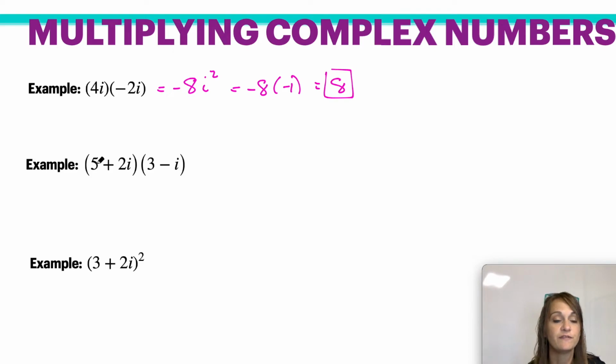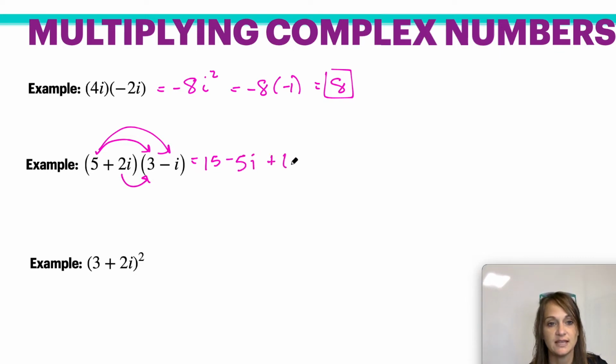You can also FOIL. So 5 times 3 is 15. 5 times negative i is a negative 5i. 2i times 3 is a 6i. And then 2i times negative i is a negative 2i squared. Negative 5i and a positive 6i give me a positive 1i.